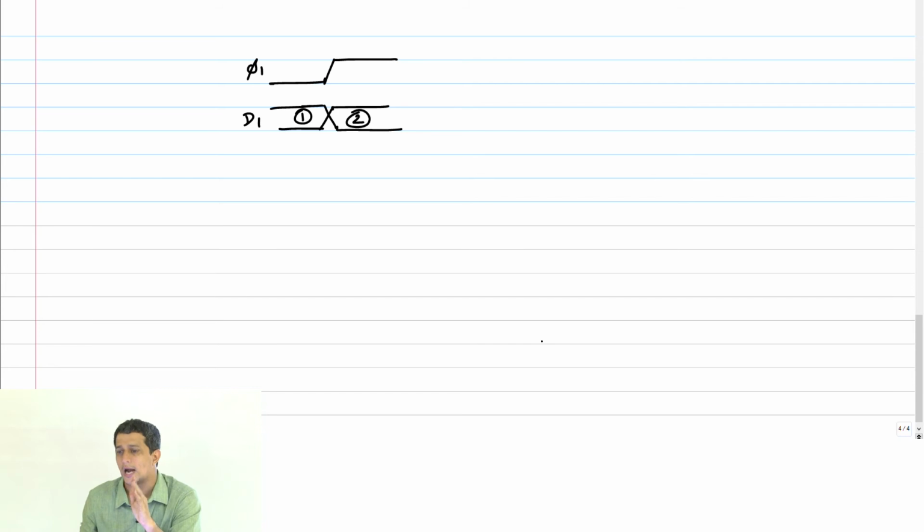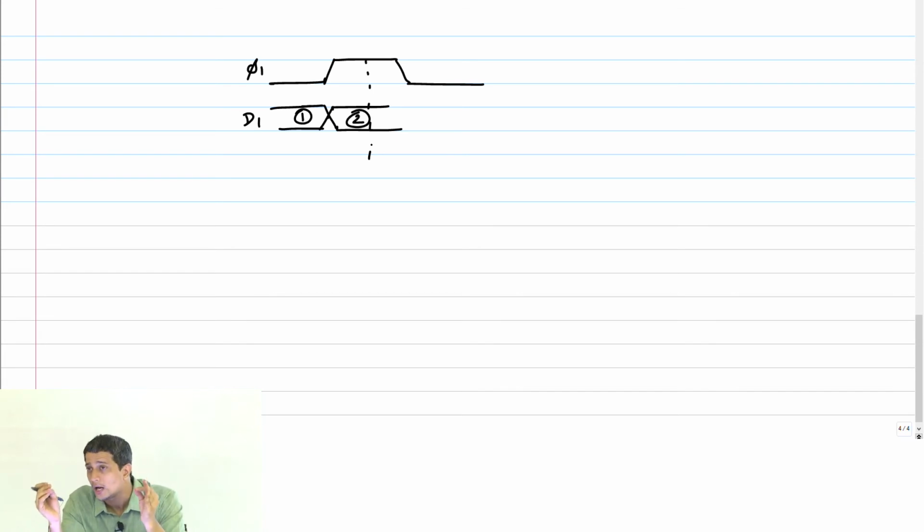What is the aim? Ultimately, when the clock falls, the latch should hold which data? Event 2. Whether the data changes here or here doesn't matter. The latch has to hold the data for the remaining part, and if that data is held correctly, there is no problem.